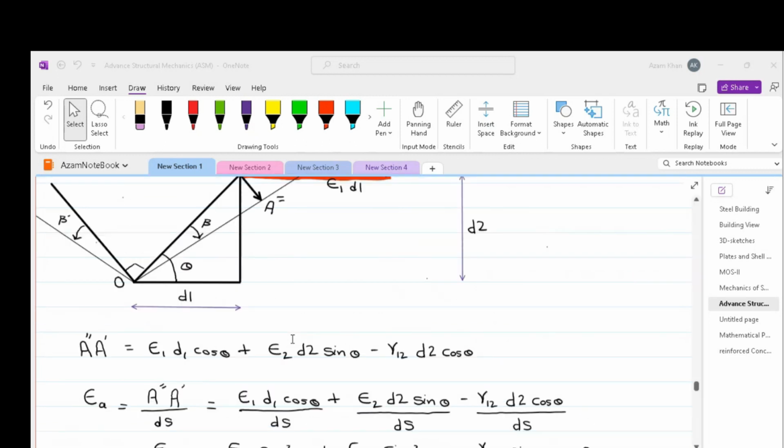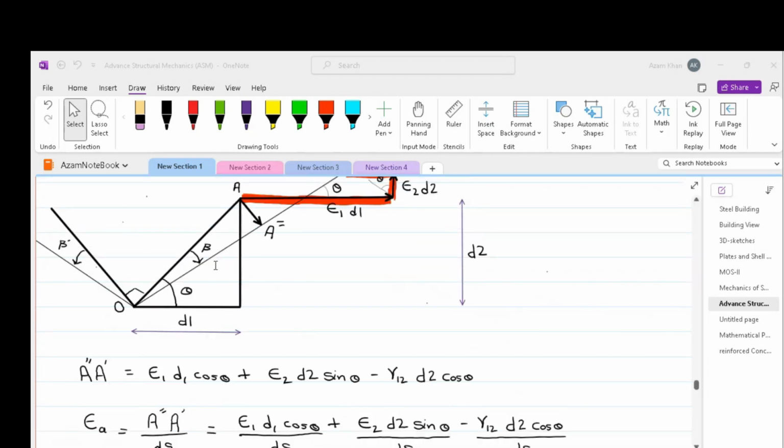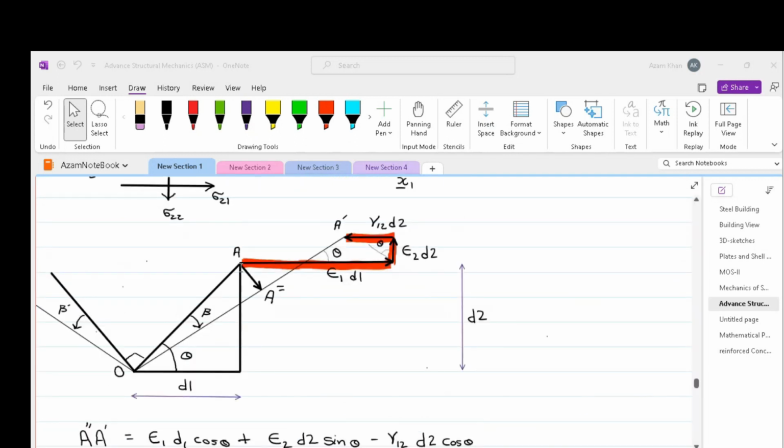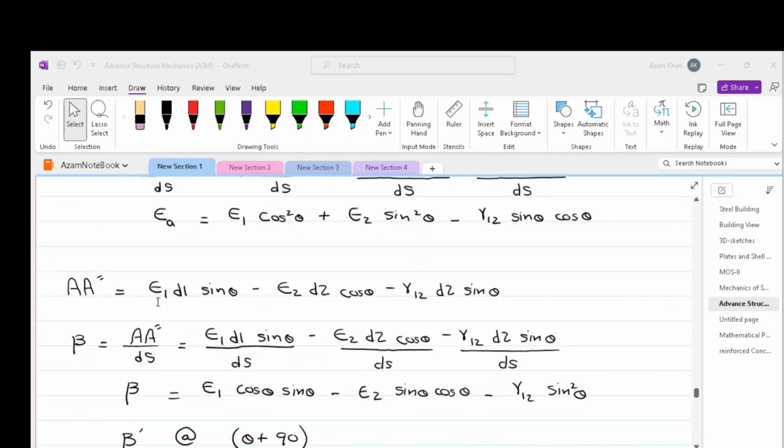The angular deviation beta can be found in a similar way. We have to divide AA double dash by the length ds in order to determine our angular deviation. Projecting the movement of point A on the direction perpendicular to OA, we obtain AA double dash as strain 1 D1 sine theta minus strain 2 D2 cos theta minus gamma 12 D2 sine theta.